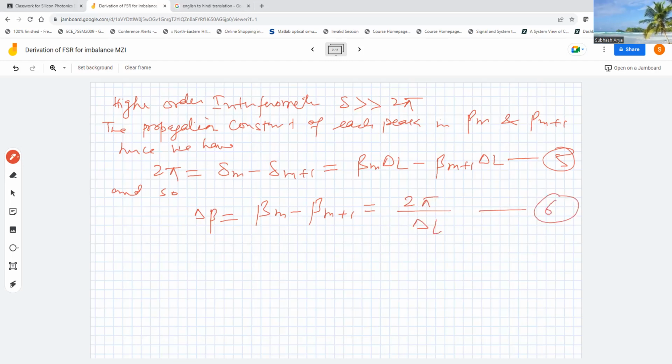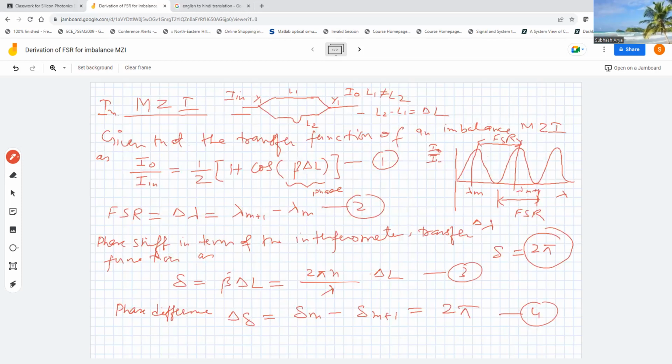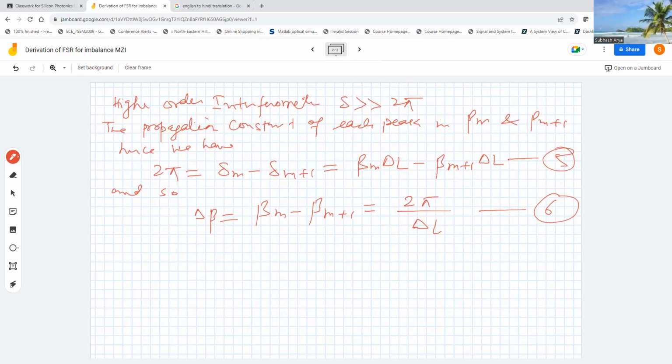You can see here, delta beta is equal to 2 pi by delta L. Even in the transfer equation, if we replace beta with 2 pi by delta L, the delta L in numerator and denominator cancel and you get only cos 2 pi. This simply shows that the constructive or destructive interference we are achieving. So this equation is quite convincing.